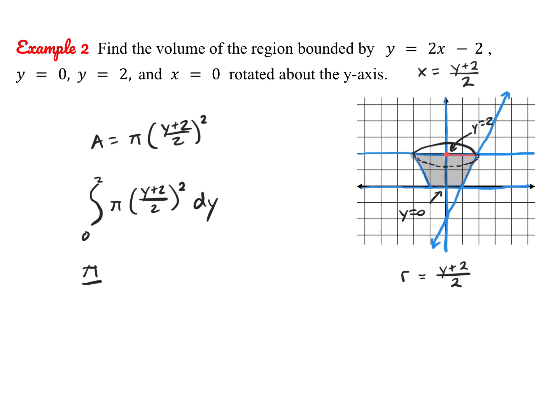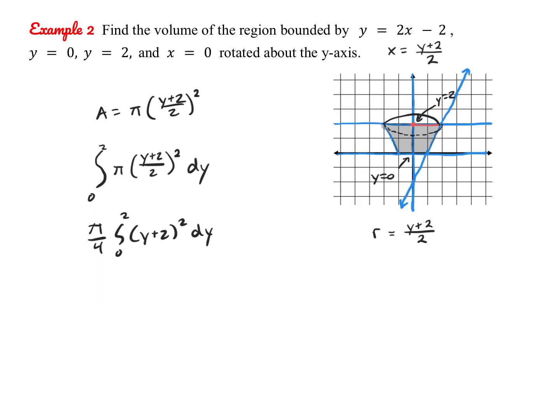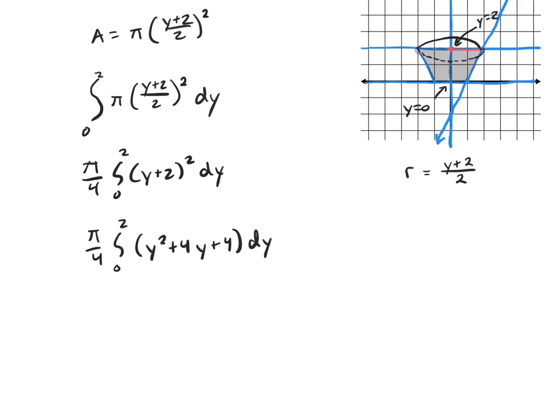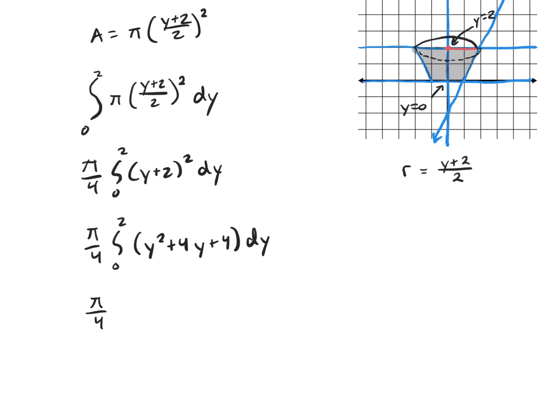I will pull out my constant of pi over 4, and then I'm left with y plus 2 squared dy. For a definite integral like this, it's much easier to expand out that binomial: y squared plus 4y plus 4 dy. Now we're ready to evaluate. Pi over 4 times 1/3 y cubed plus 2y squared plus 4y evaluated from 0 to 2.